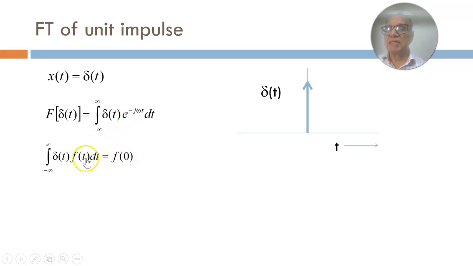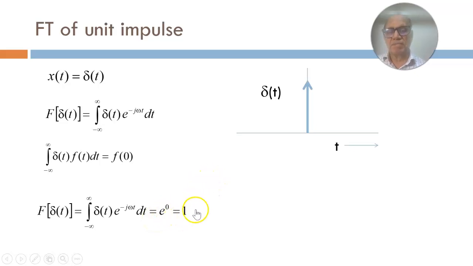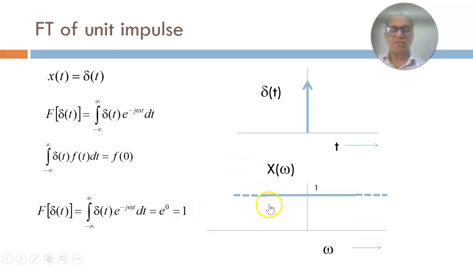In this particular case, our function of time is e raised to minus j omega t. So if you substitute t equal to 0, there is e raised to 0, which is equal to 1. So the Fourier transform of the unit impulse is e raised to 0, and that is equal to 1. Note that this is a constant. So this will be the value of the Fourier transform at any frequency. It's completely constant at the value 1, right from omega equal to minus infinity to omega equal to plus infinity.